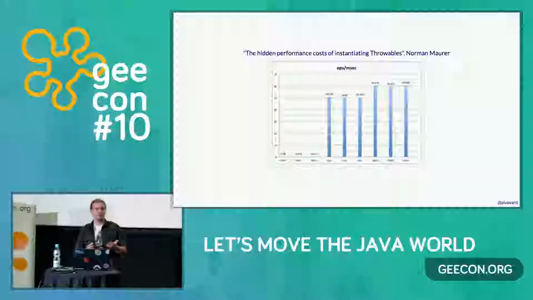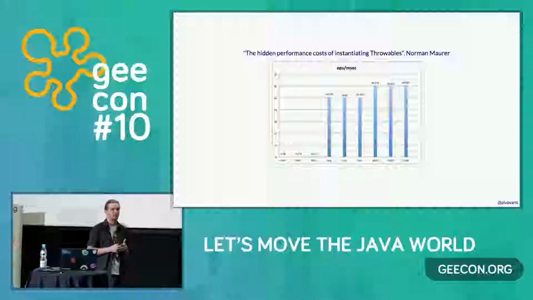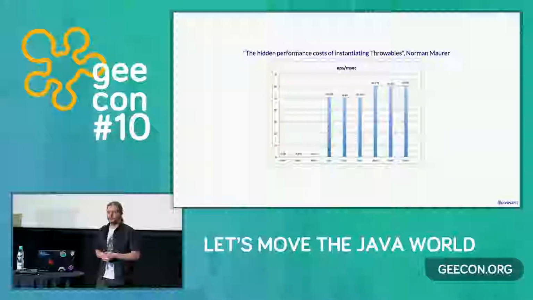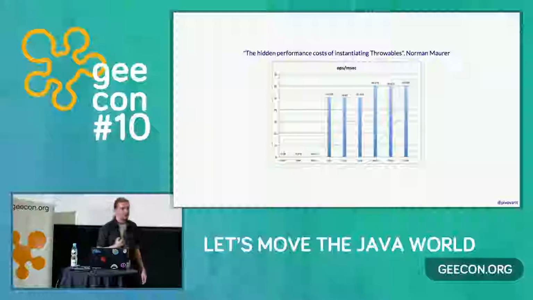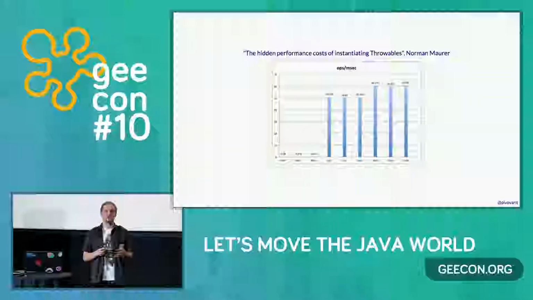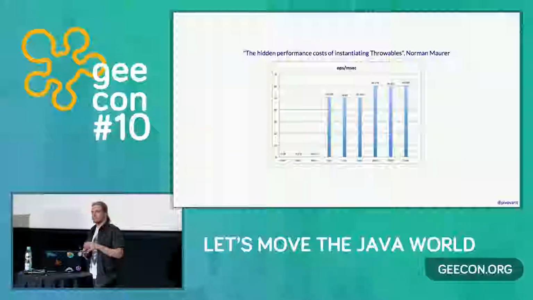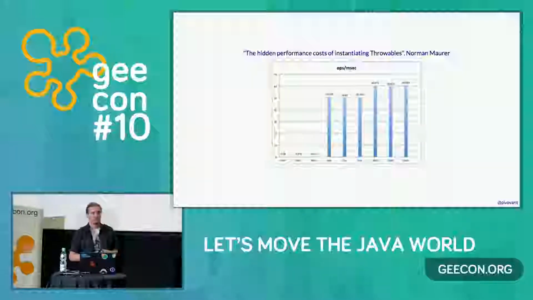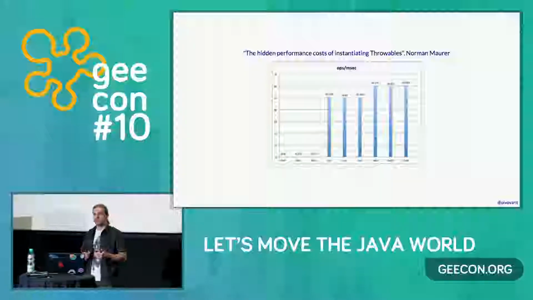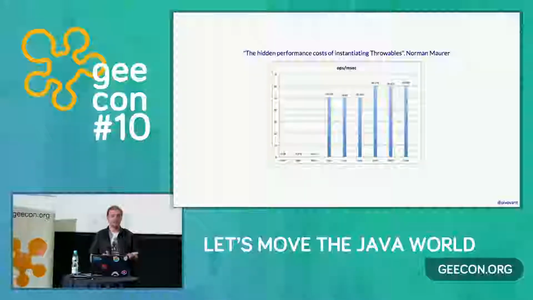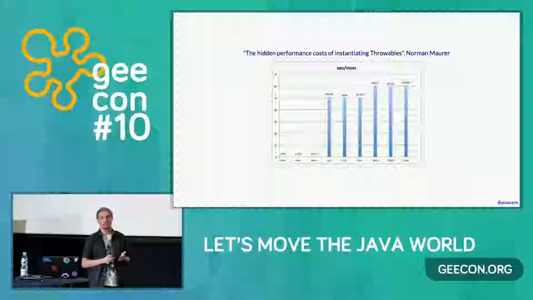And as you can see, there is much less than one operation per unit of time. And on the right side, you have the situation where he was reusing a static instance of a stackless exception. So as you can see, the difference is huge. On the right side, you have over 60 operations per unit of time, and on the left, you have way less than a single one.